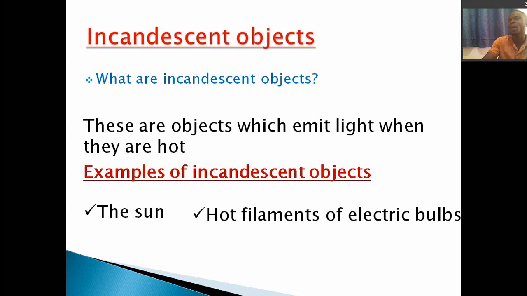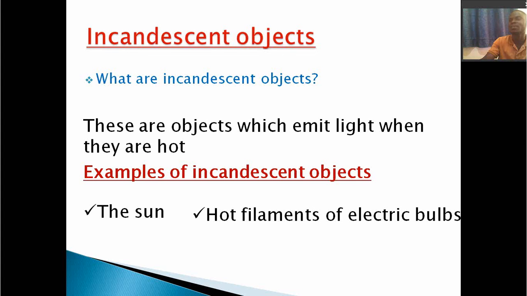We also have the hot filaments of electric bulbs. If you come into contact with a bulb, try to look at it closely. Inside the bulb, there are what we call the filaments. When they are hot, they emit light, they give off light. Are we together?